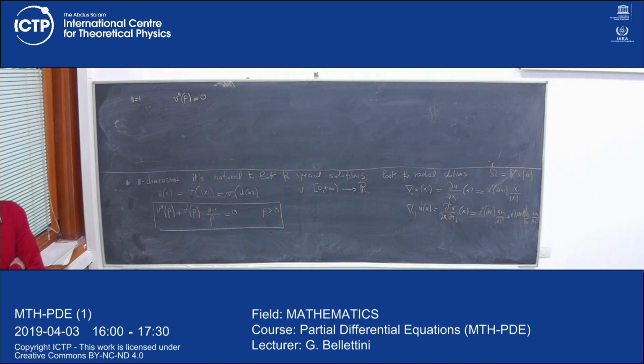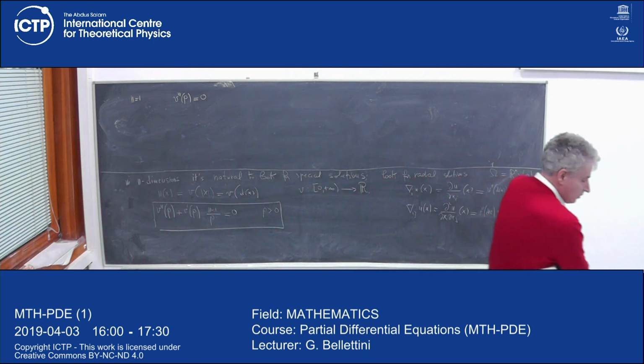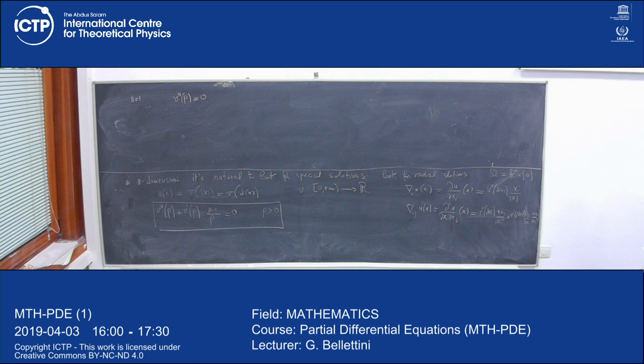Maybe no. That's why I know this confusion, because it's natural. We are looking for solutions which in one dimension are simply even, because they must depend on the modulus of x. So, a nonlinear function, unless you are 0. Solutions.